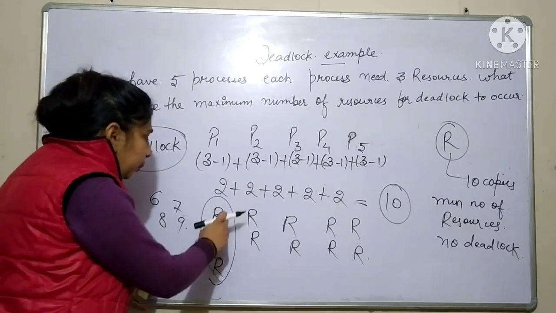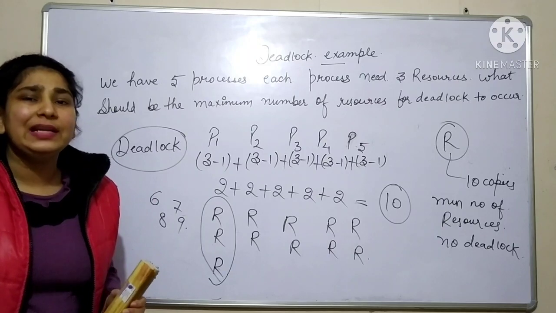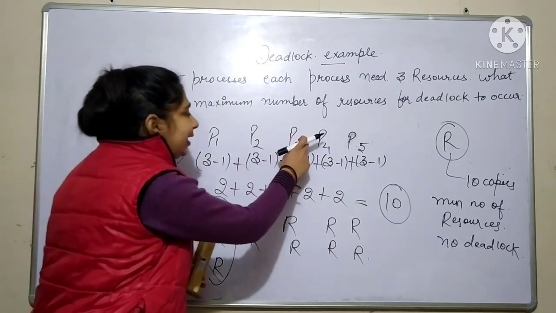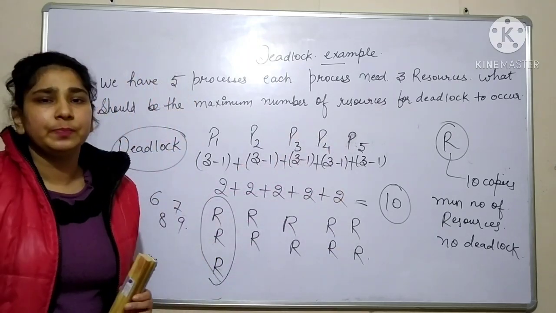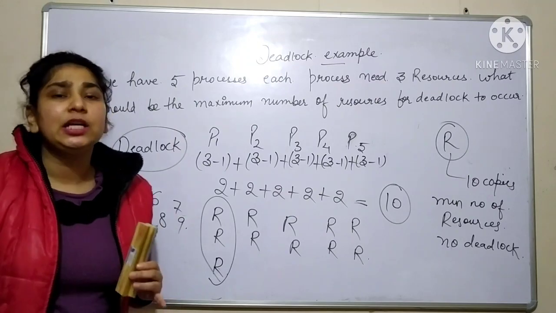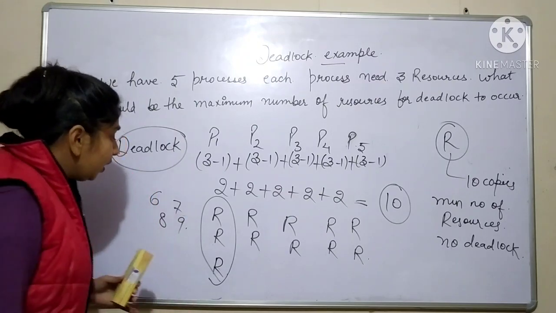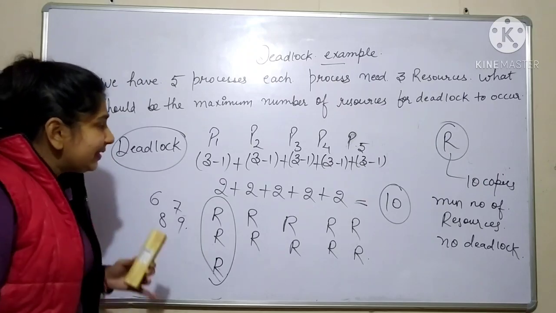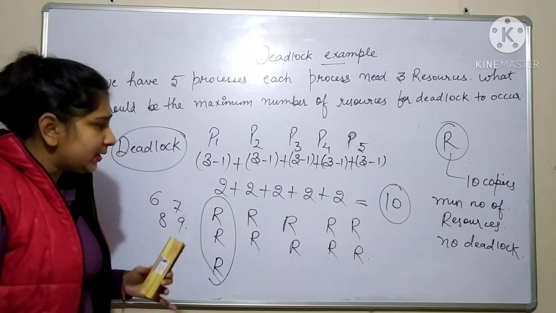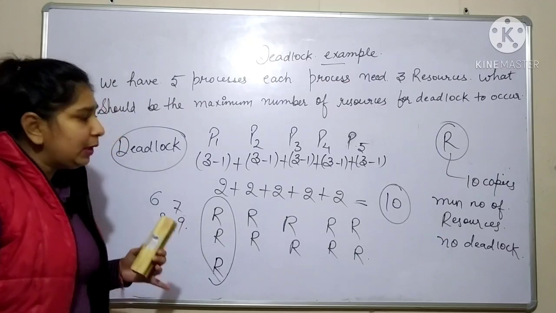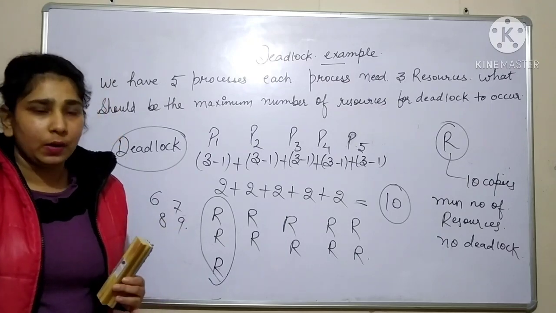Then we will give all these released resources to the 4 remaining processes so that they can complete their execution. So what is the minimum number of resources required so that we can avoid deadlock?